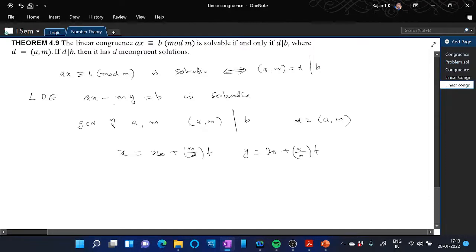If the GCD of A and M divides B, it is solvable, and the general solution is given by x is equal to x naught plus M by D t and y is equal to y naught plus A by D t, where D is equal to gcd(A, M).